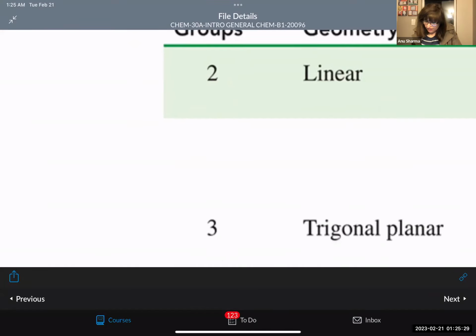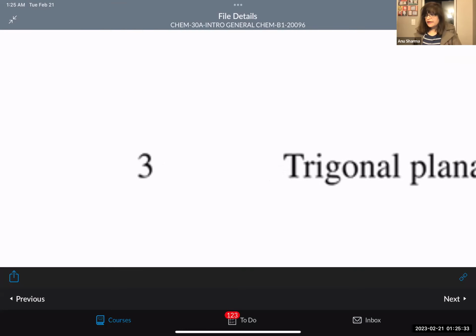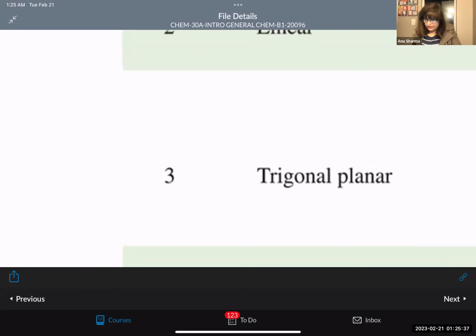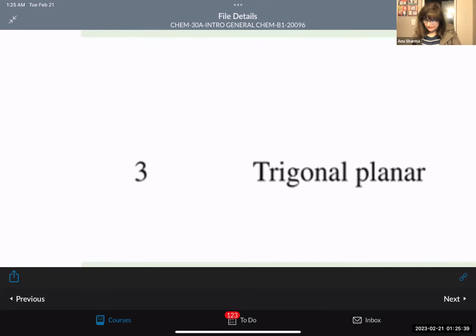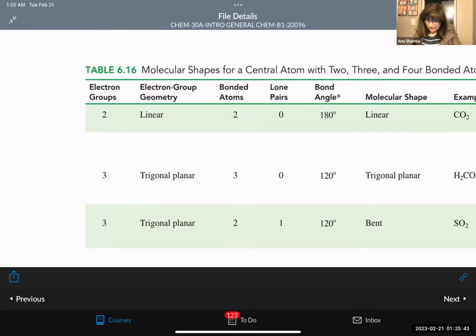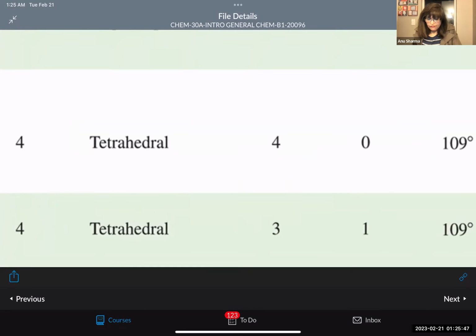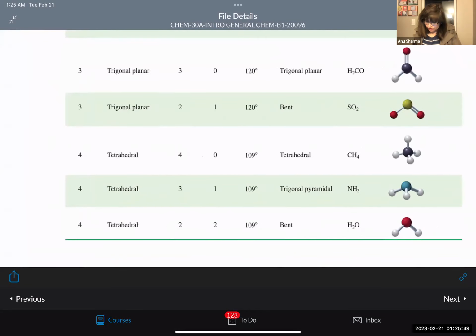But if there are 3, then it can be bent, or it can be trigonal planar, those things. So we will discuss this. This is the electron group geometry though. Next is the tetrahedral shape. If there are 4 electron groups, tetrahedral shape. Okay. Now, that's one piece.